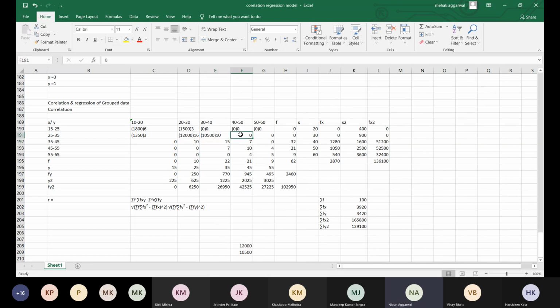Fine. Next. So this is 0. So both the values come out to be 0. Now this is also 0. So these are also zeros. And this is also 0.